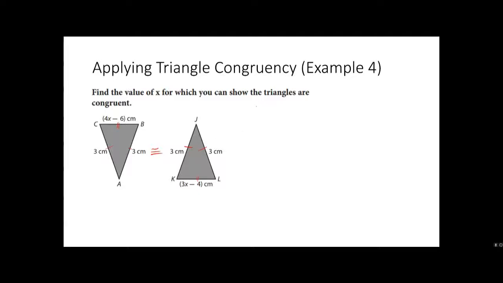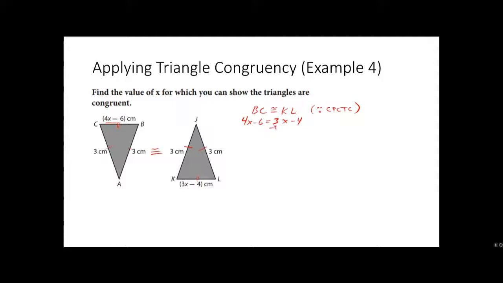So BC needs to be congruent to KL, because of CPCTC. BC is 4x minus 6, which should be equal to KL, which is 3x minus 4.